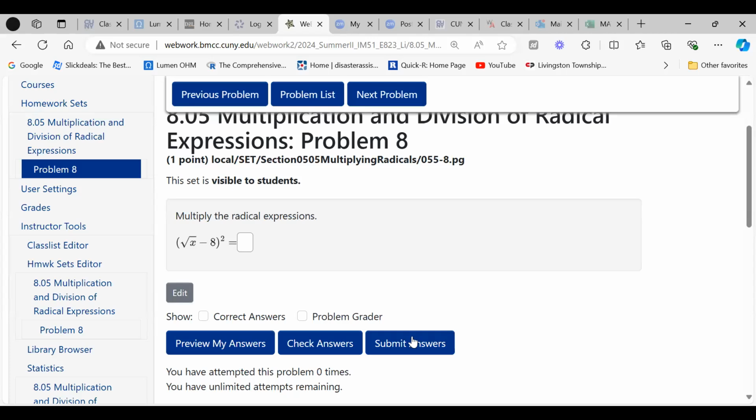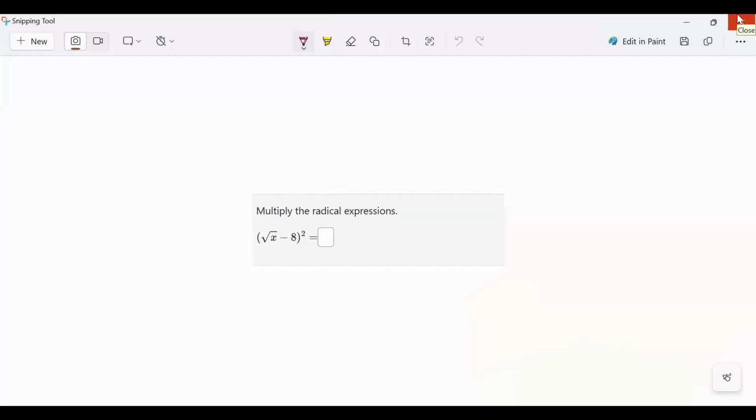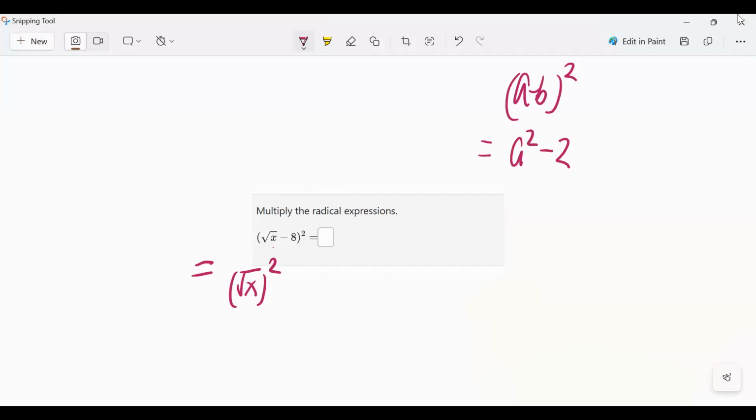So what if it's squared? We can expand it, but you can use the thing I showed you earlier, right? One way to do this is square root x minus 8, squared. It's like (a minus b) squared: a squared minus 2 times a times b, and then plus b squared.